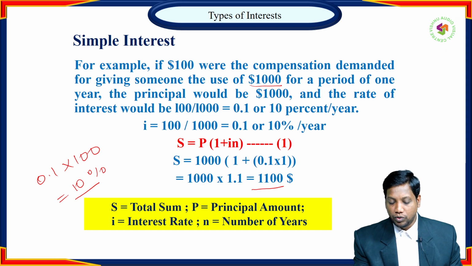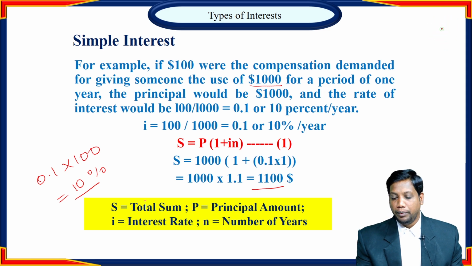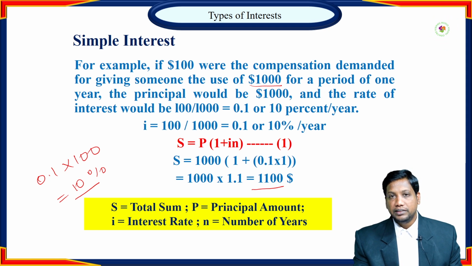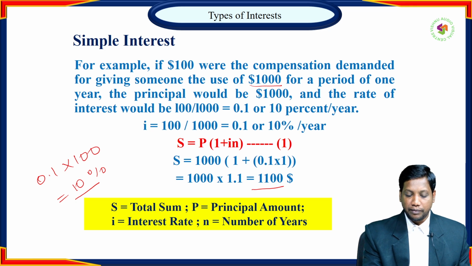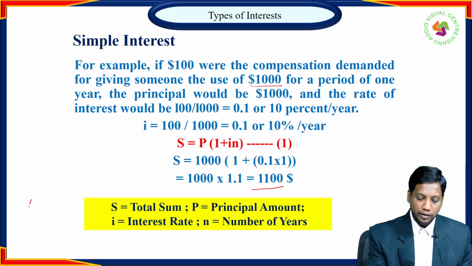So here S equals the total sum, P is the principal amount, I is the interest rate, N is the number of years. After 2 years, S equals P into 1 plus I into 2.